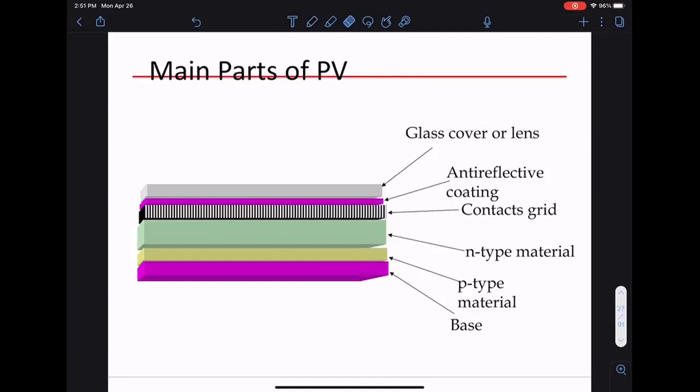So there are many layers sandwiched on top of each other, creating the solar panel you see on top of roofs. Cleaning this is very important. Often your solar panel loses efficiency not because of any electrical part, but because you have to clean it. So there are a lot of maintenance issues with this.